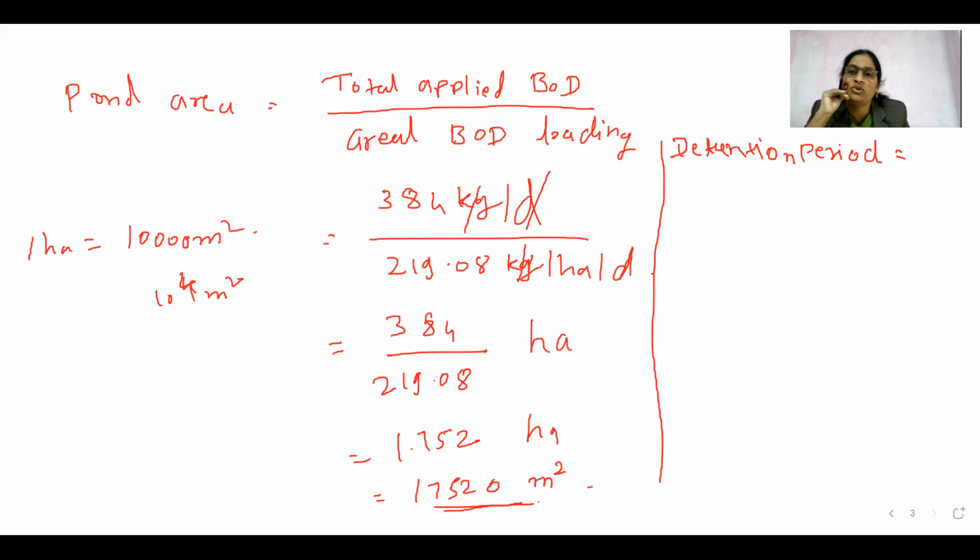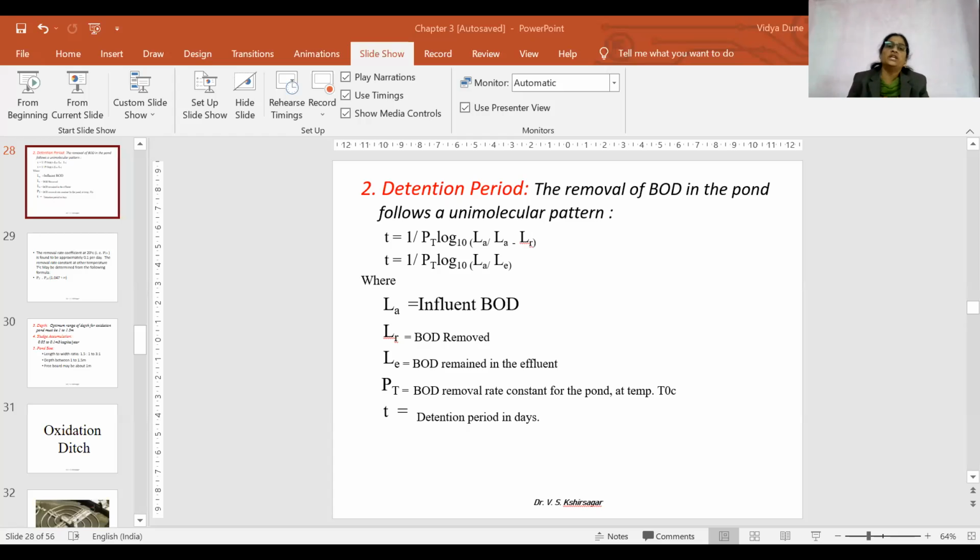The removal of BOD in the pond follows a unimolecular pattern, and I have given that formula. So I will stop for the time being and show you that formula in a PPT. You can see here. The detention period we can calculate using the formula T is equal to 1 upon PT into log to the base 10 into bracket LA upon LA minus LR.